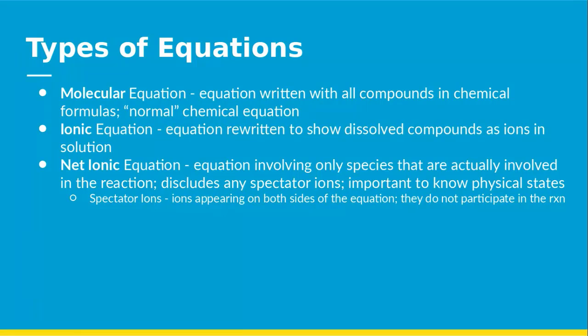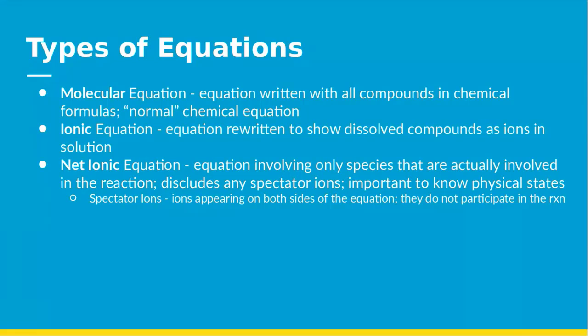And then for the net ionic equation, it's important to know what spectator ions are. Spectator ions are ions that show up on both sides of the equation, on the reactant and the product side, but they do not participate in the reaction. So whenever you create your ionic equation and you have ions that show up on the reactant and product side with the same state, that means they did not do anything, they've just been in the reaction.